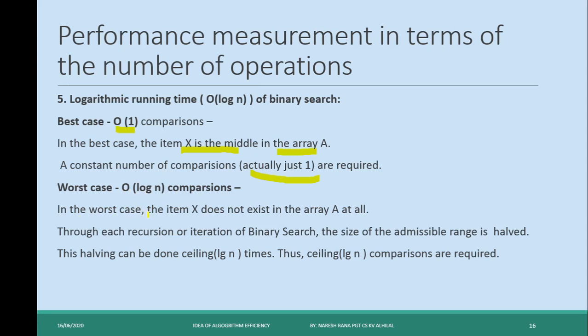In the worst case, the item X does not exist in the array A at all. Through each recursion or iteration of binary search, the size of the admissible range is halved. This halving can be done ceiling log n times, so thus ceiling log n comparisons are required.